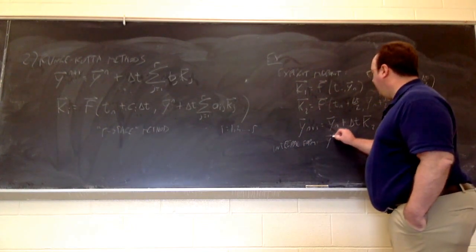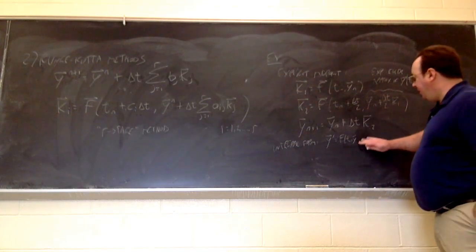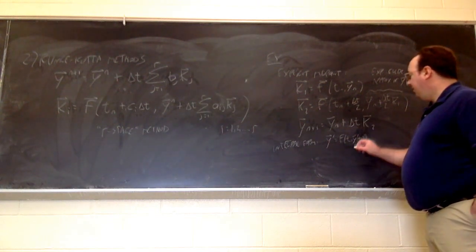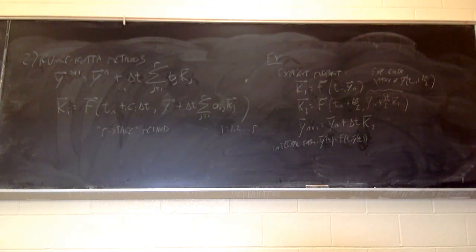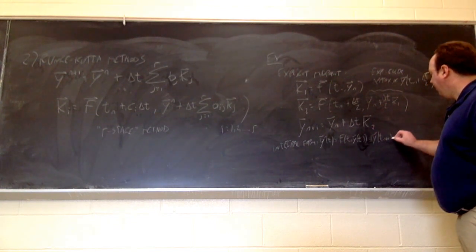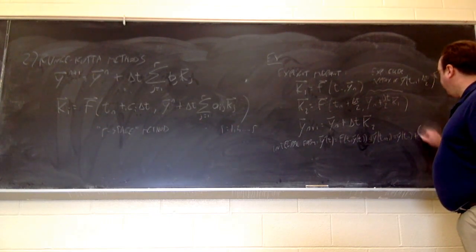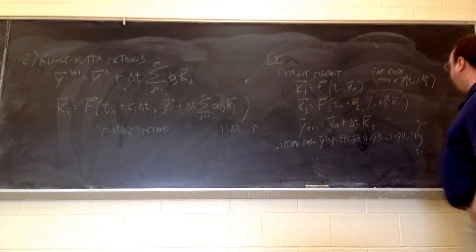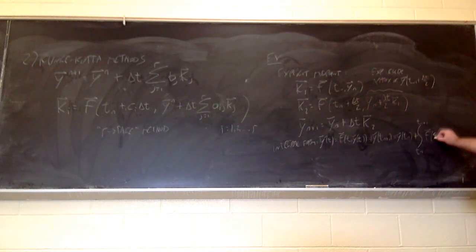Because if we have y prime is equal to f of t, y of t, and I integrate this equation, both sides, from Tn to Tn plus 1, I get that the exact solution satisfies y of Tn plus 1 equals y of Tn plus the integral from Tn to Tn plus 1 of f of s, y of s ds.